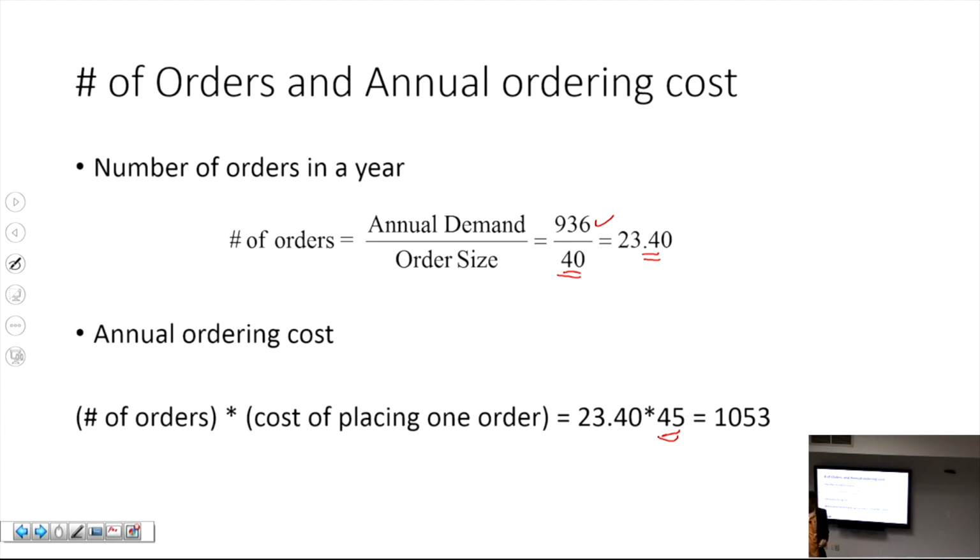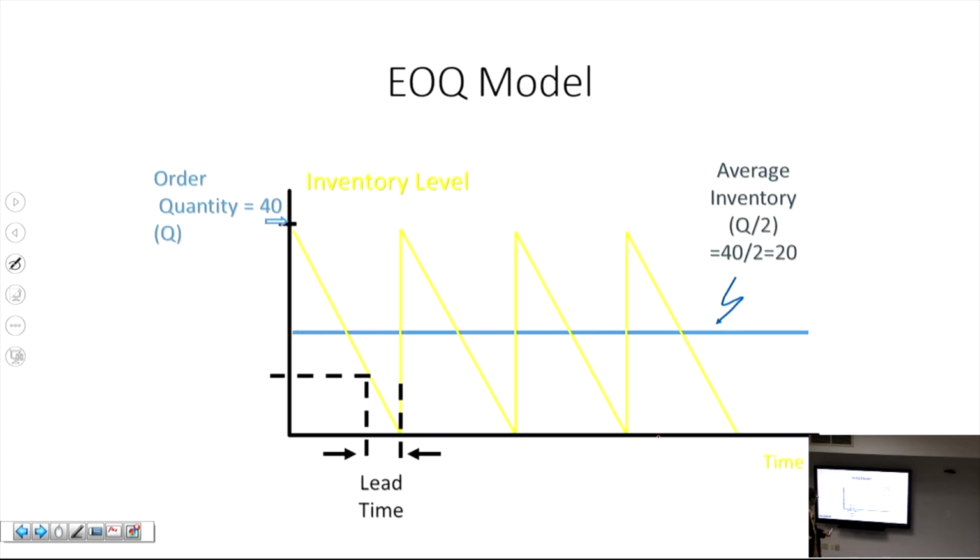The next cost component is the holding cost. The idea with the holding cost is we want to find out what is the average level of inventories for the entire year. At times we have 40 units in inventory because your order size is 40, okay? When you receive an order, you are at 40, you sell the products over a period of time, right?